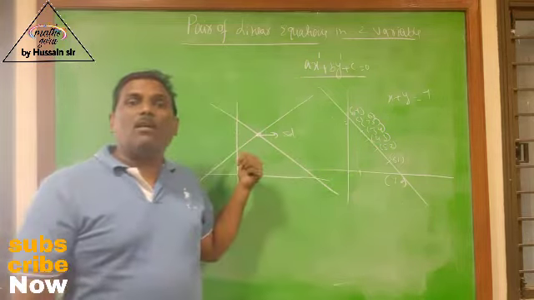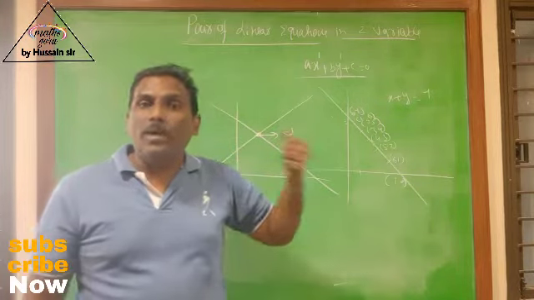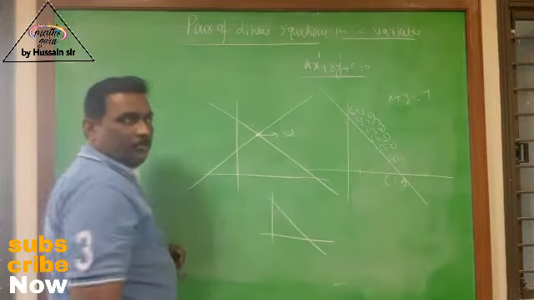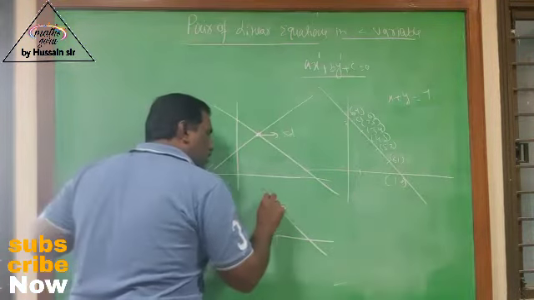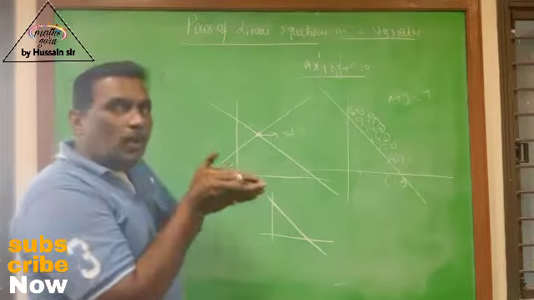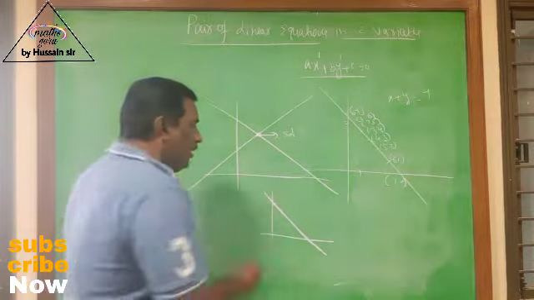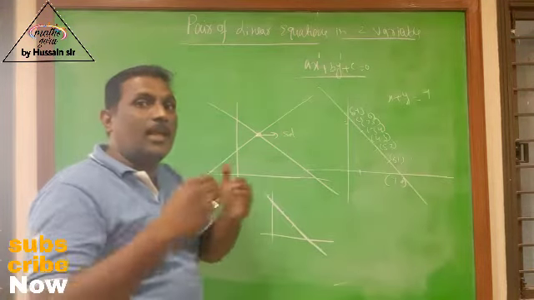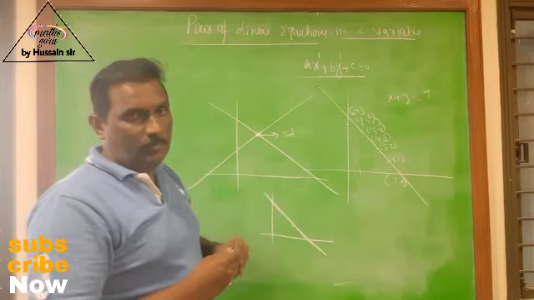Suppose the lines are not meeting like this, then what is to be done? Suppose one line is drawn like this, and another line is also the same. If both lines overlap, that is, coincide, then every point on the first line will be a solution for the second line also.